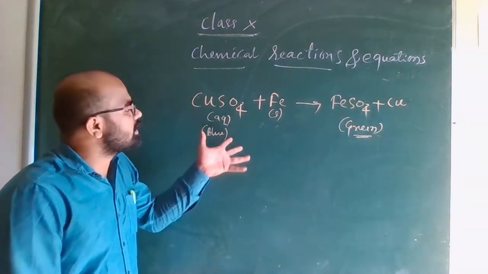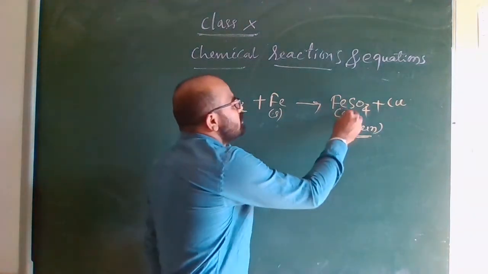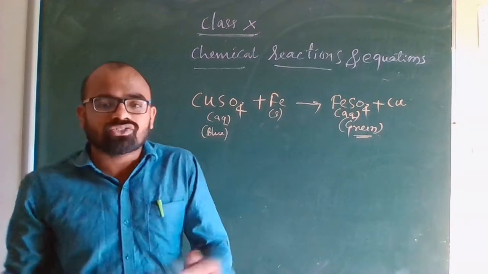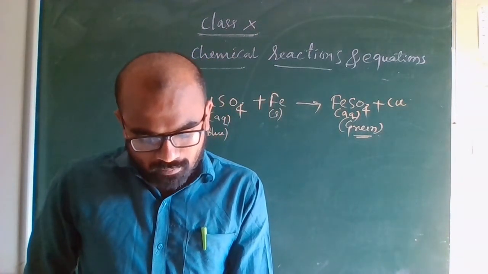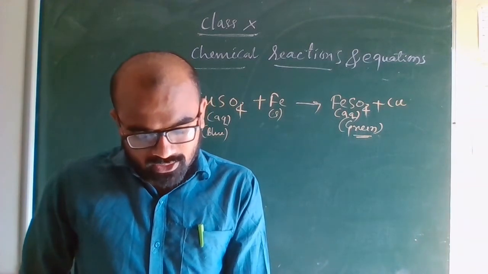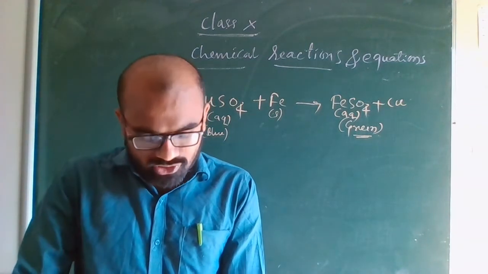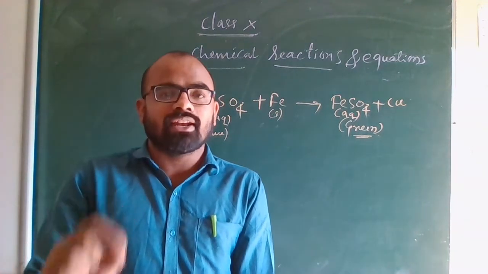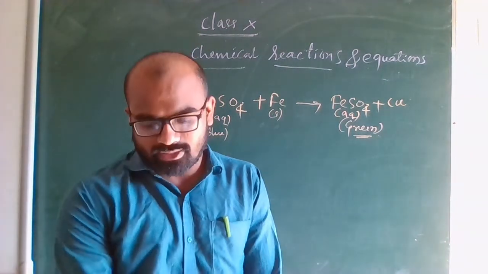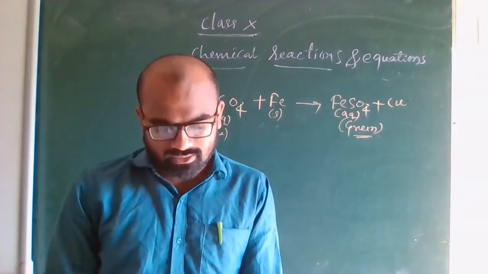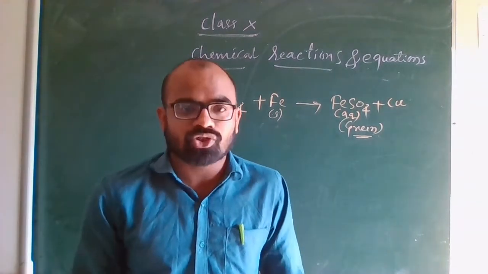Copper sulfate is blue in color, iron sulfate is green in color. So this is aqueous. Hence the color of copper sulfate solution changes when an iron nail is dipped into it. Okay, I hope everything is clear here. Shall we go for the second question?